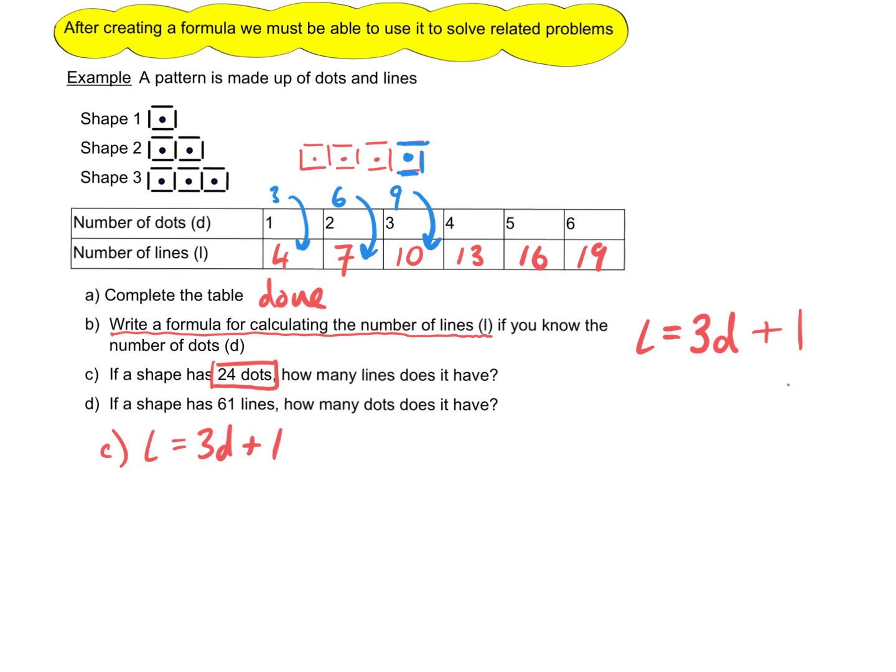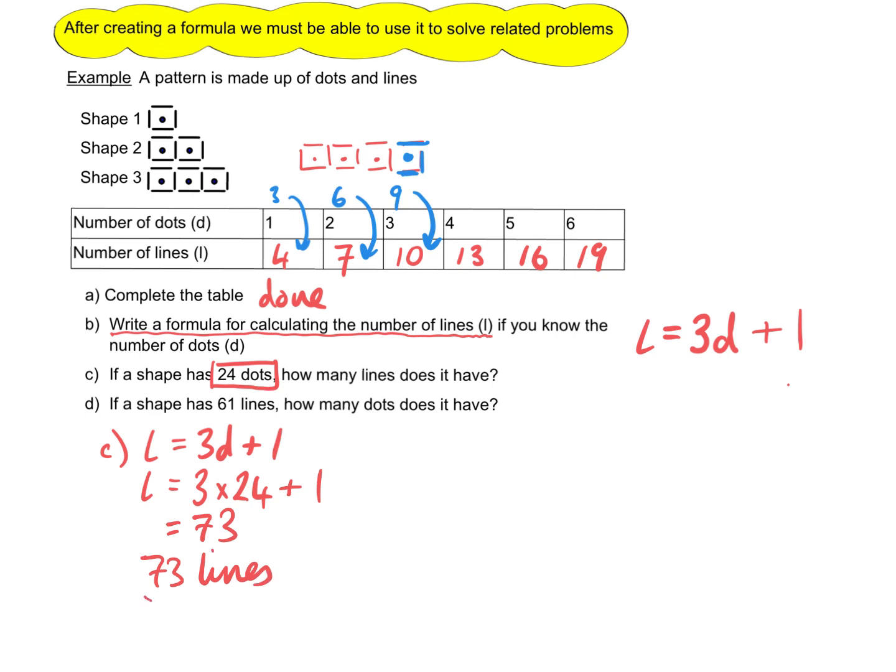So we're going to finish this off by going L equals 3 times 24. Okay, we're replacing the D for dots with the number of dots, and then add 1, and we can quickly work that out. 3 24s are 72, and then add 1, which is 73. So that would be 73 lines.